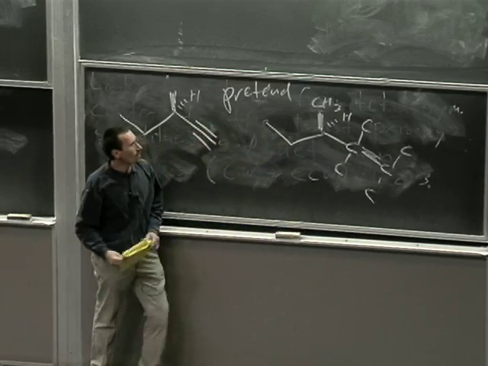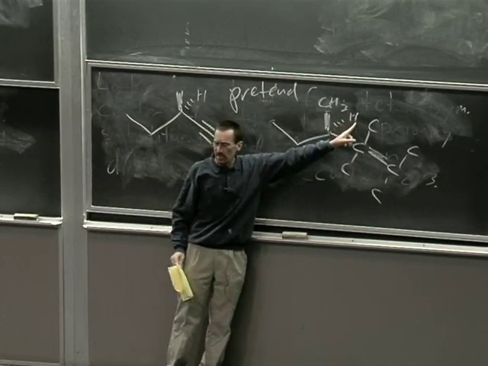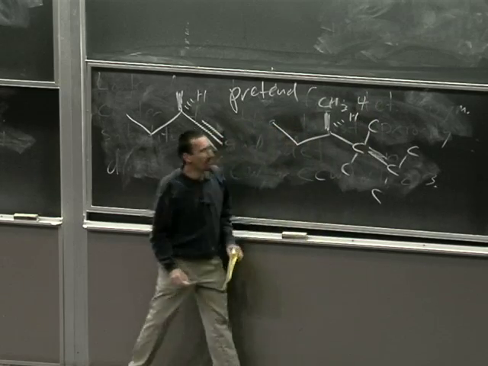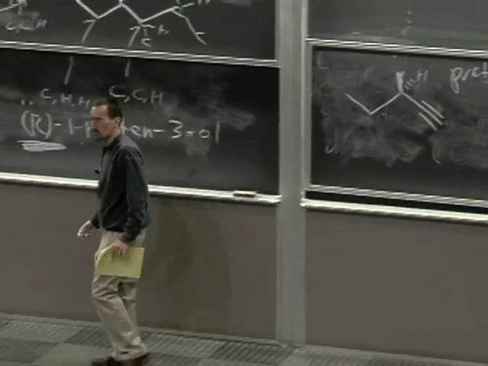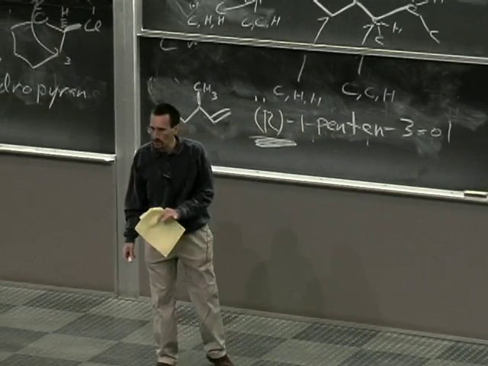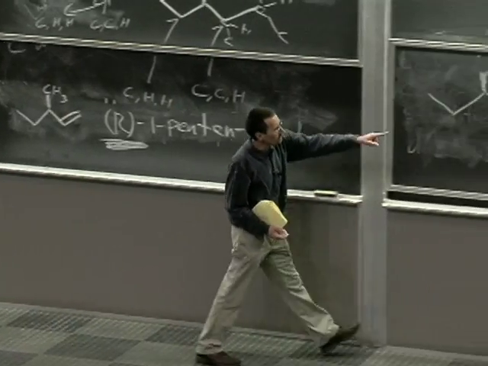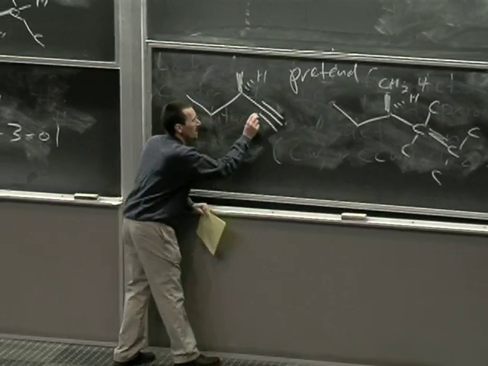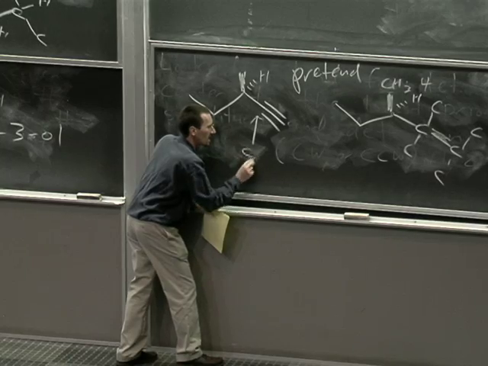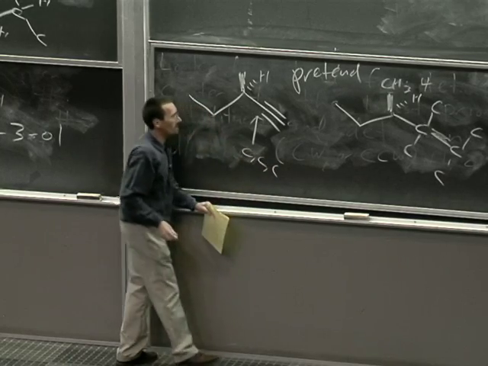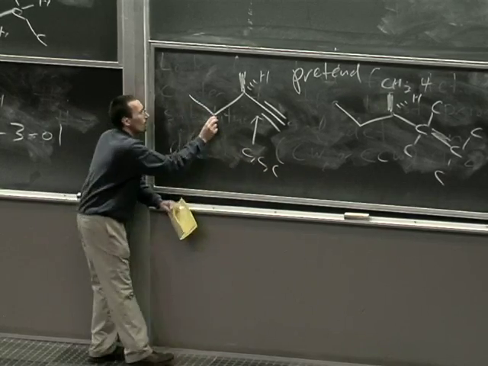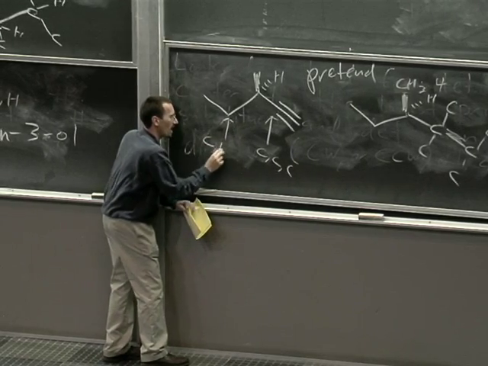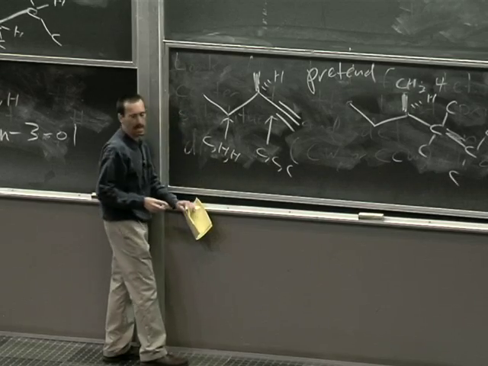And so now, in prioritizing, obviously hydrogen is the lowest priority substituent. Obviously, the hydrogen gets priority of 4. The carbon that's the triple bond, we count as having 3 carbons attached to it. So we count this as having carbon, carbon, and carbon attached to it. We count this, the ethyl group, as having carbon, hydrogen, and hydrogen attached to it.